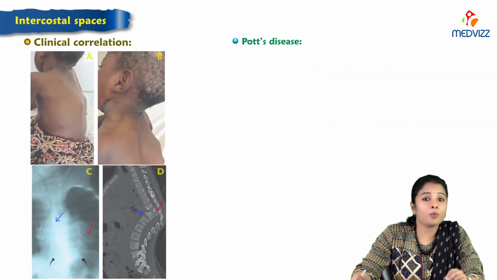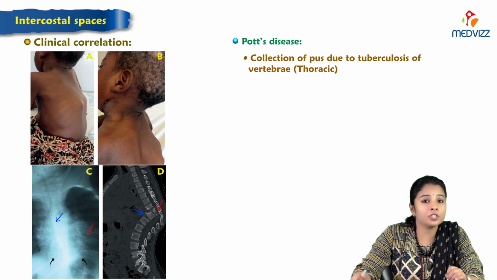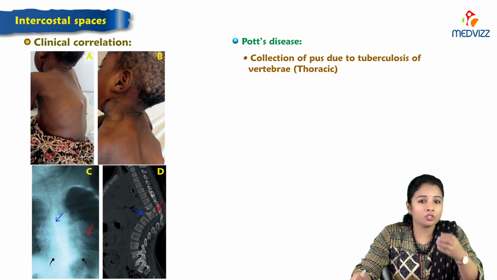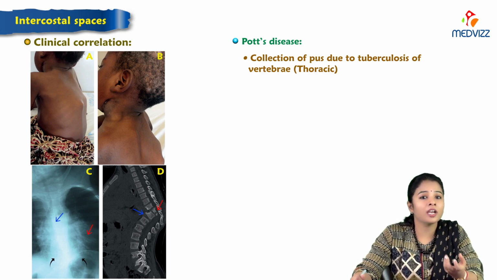Next condition is Pott's disease. Pott's disease is the collection of pus due to tuberculosis of the thoracic vertebra. The thoracic vertebra gets infected because of TB and it gets liquefied, forming pus.